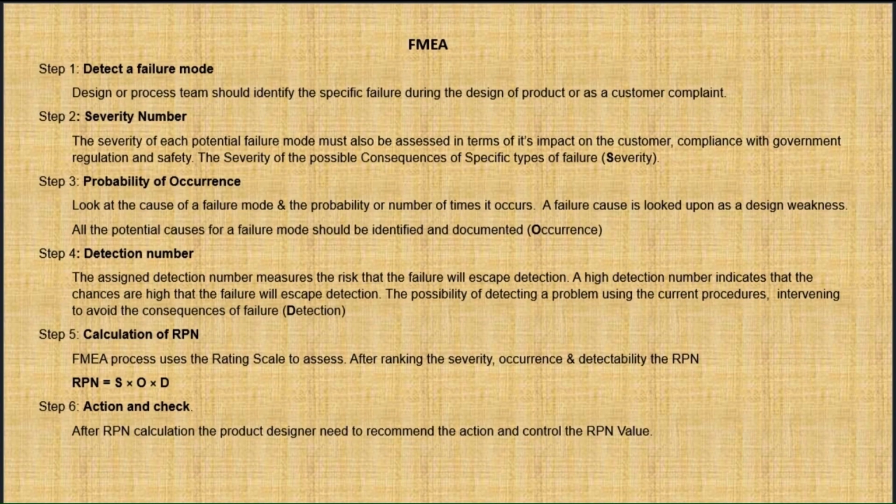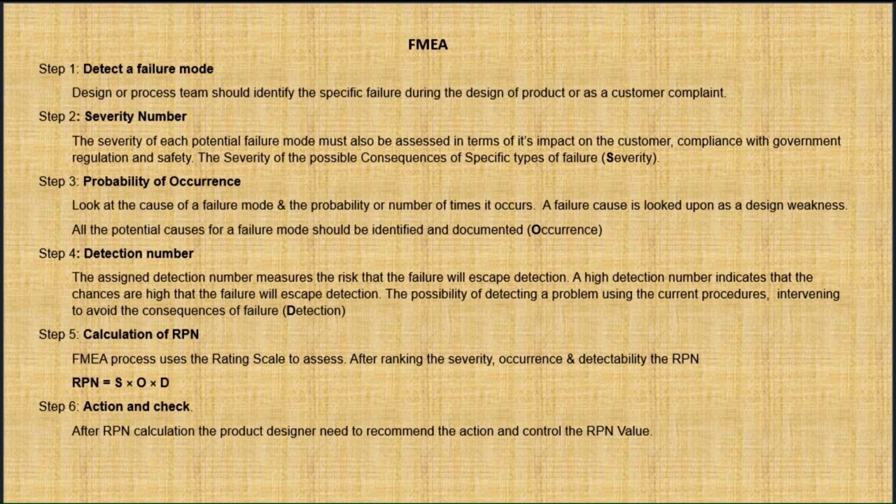First, we try to detect the failure modes which are coming before we go for the RPN value calculation. The team will decide what the failures are during the designing of the product or process. Then we check the severity of that particular defect. What will be the impact of that defect?